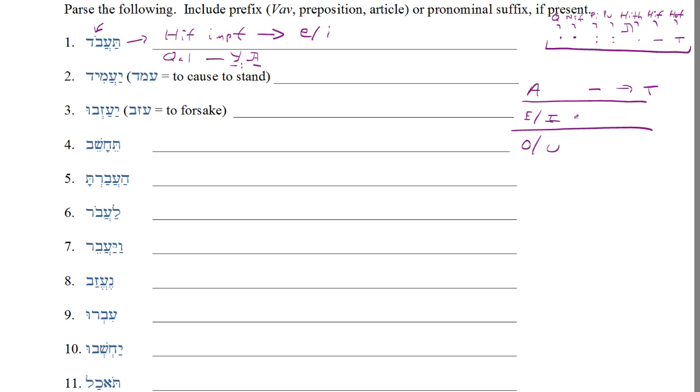When a hirik or a segol lengthens, they lengthen typically to a sere, a long E. When a short O, a kametz hatuf, or a short U, a kibbutz lengthens, they often lengthen to a holum. This provides a little bit of review for us if we haven't thought about our vowel classes in a while. We have A class, EI class, OU class.